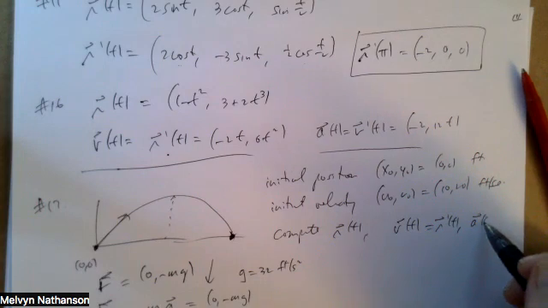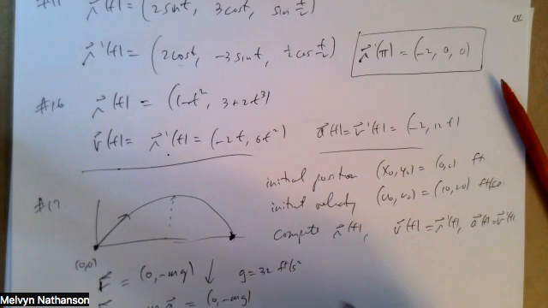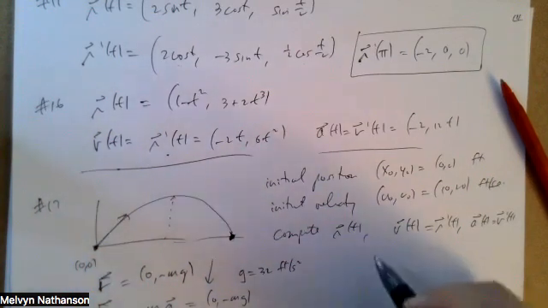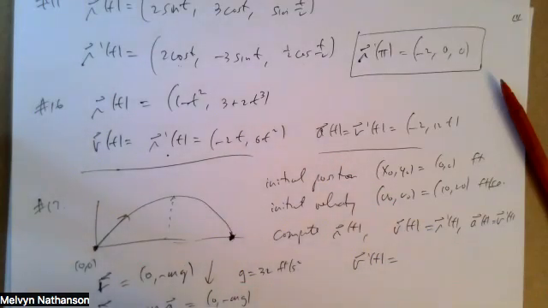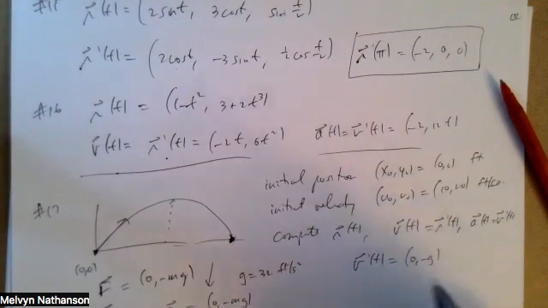The acceleration is v prime of t, and that is 0, minus g. So the derivative of the velocity, which is the acceleration, is 0, minus g.